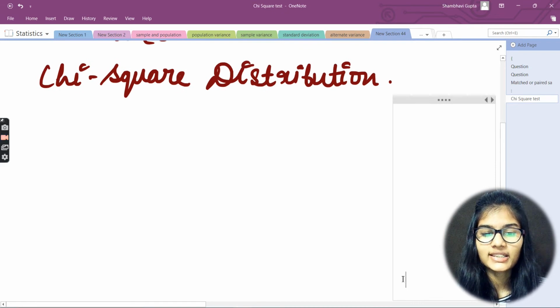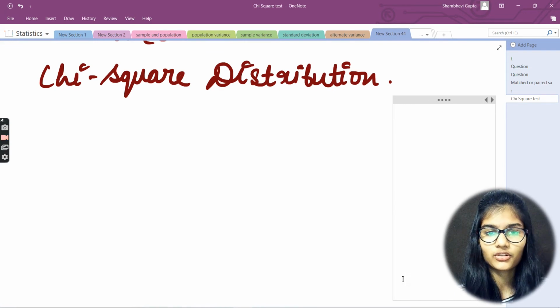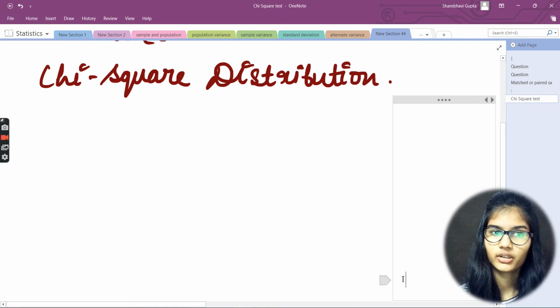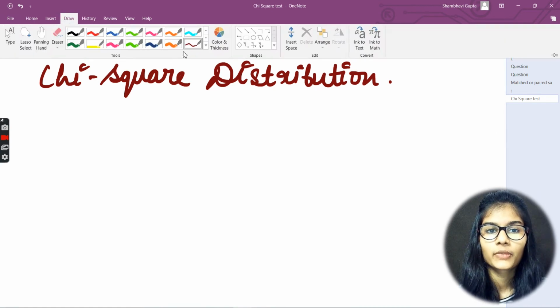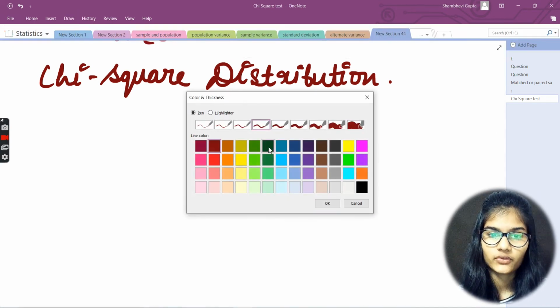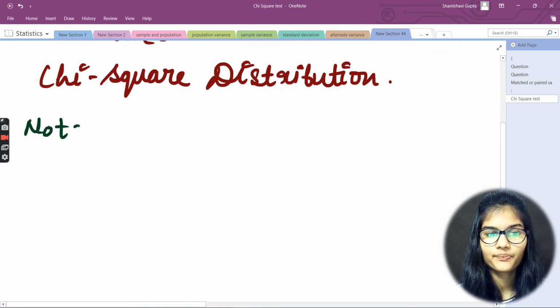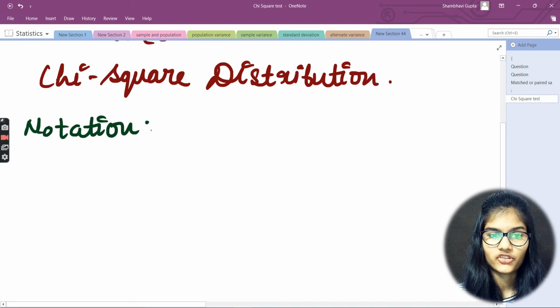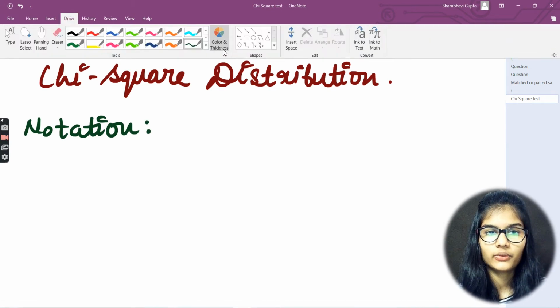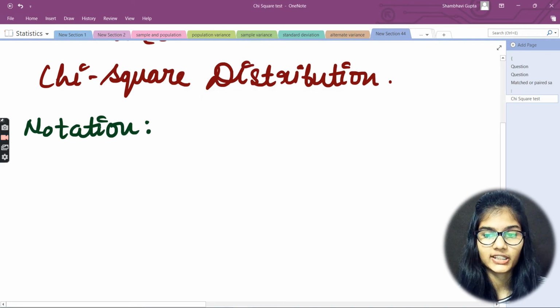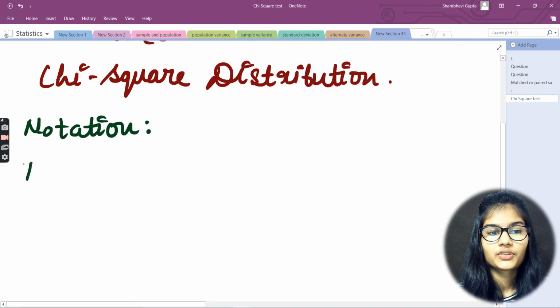Okay, so now we'll be learning about many different things in this particular module, so I will not waste too much time here. Let me take you to the notation part of the chi-square distribution, that is, how we denote all of these things. What's the denotation? What symbols do I use? So here goes the notation for the chi-square distribution.